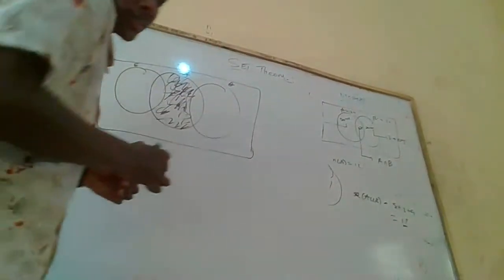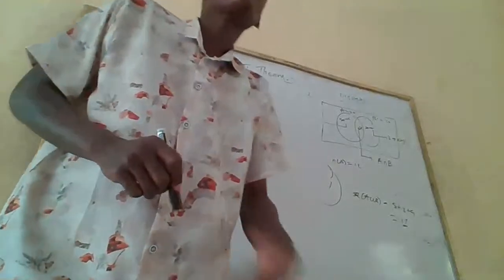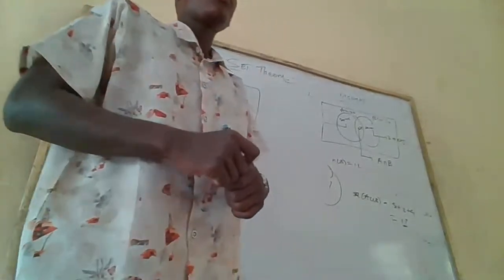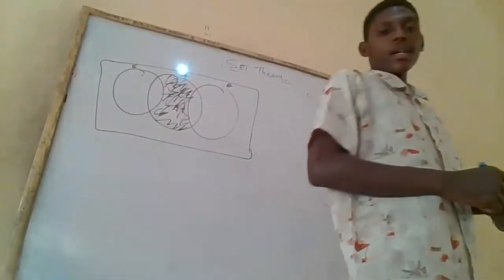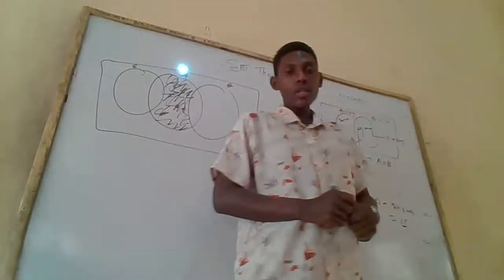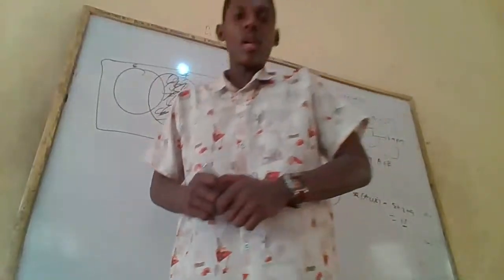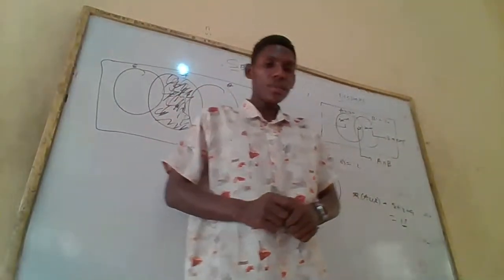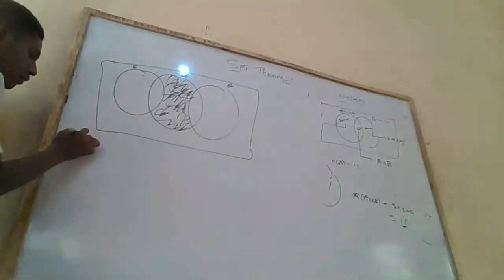The question says the shaded portion in the Venn diagram is represented by what?